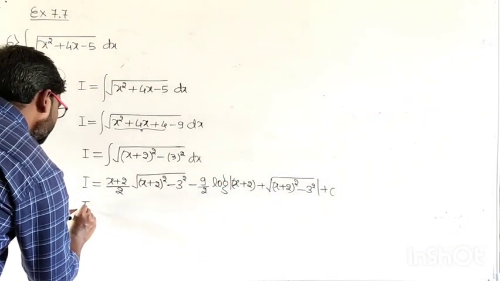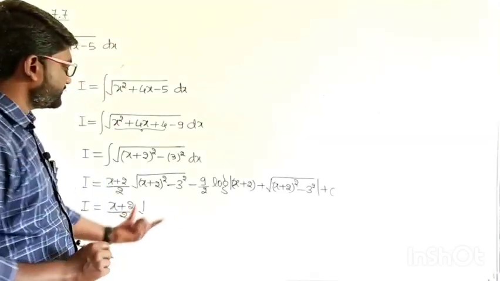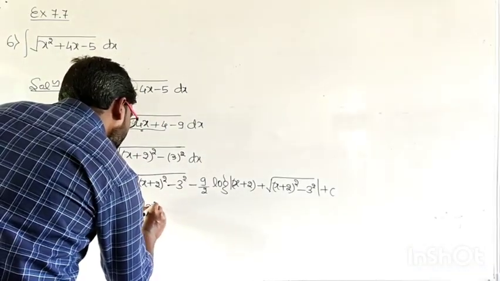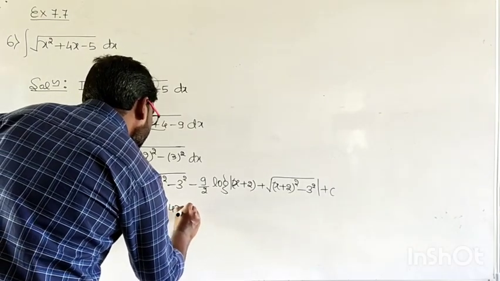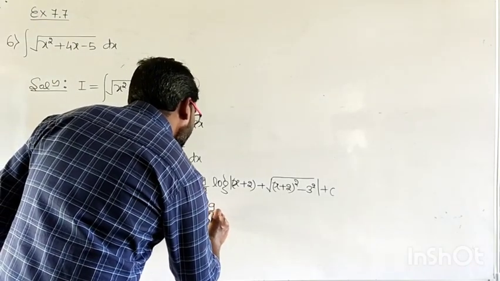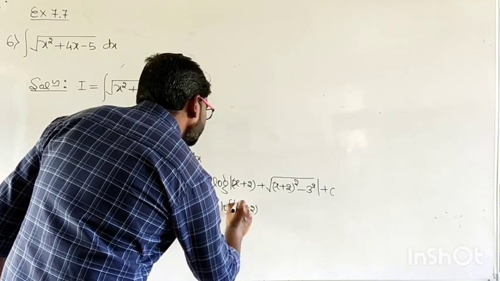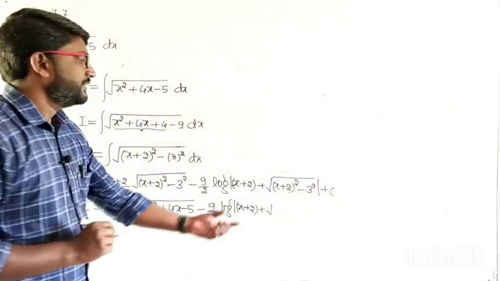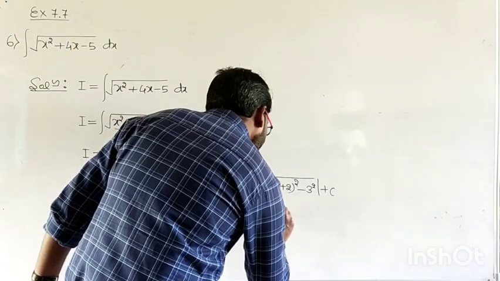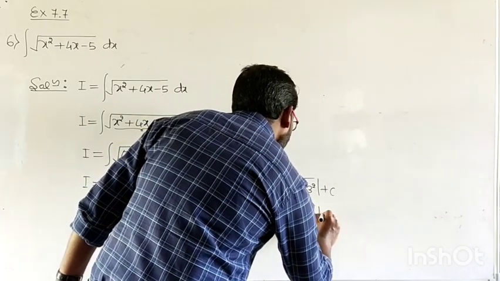So I is equal to x plus 2 divided by 2 times the square root of x square plus 4x minus 5, then minus 9 by 2 log mod x plus 2 plus the square root of x square plus 4x minus 5, mod complete, plus c.